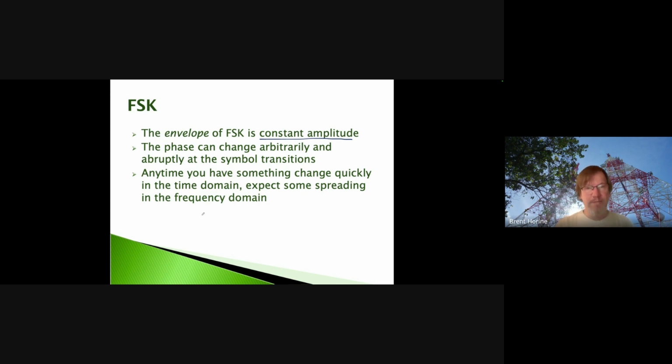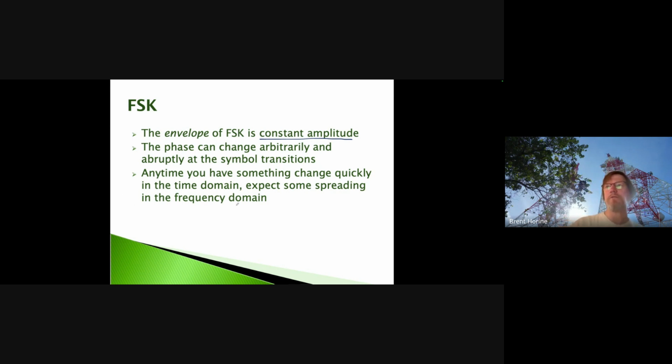On a practical basis, we can't go to infinite frequency. So spectrum is valuable, and we want to use it as efficiently as possible. And we're encouraged to share it with others, either through a licensing or an unlicensed regime, because everyone wants a little piece of the spectrum.